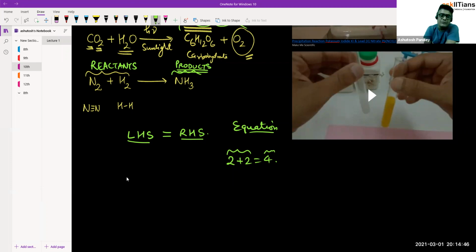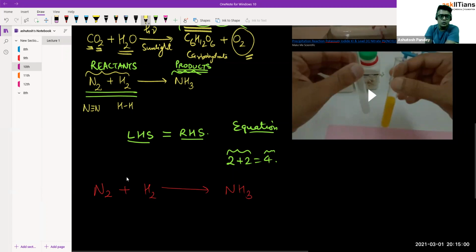Similarly, we'll have chemical equations. Let's take the example of this reaction. We'll have N2 plus H2, and it will form NH3. Now see, we took two atoms of nitrogen here, but here only one nitrogen atom is present. So we can balance it.